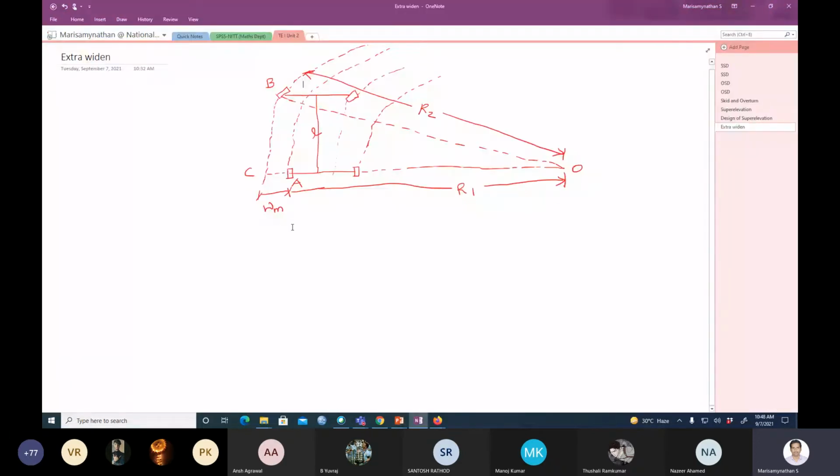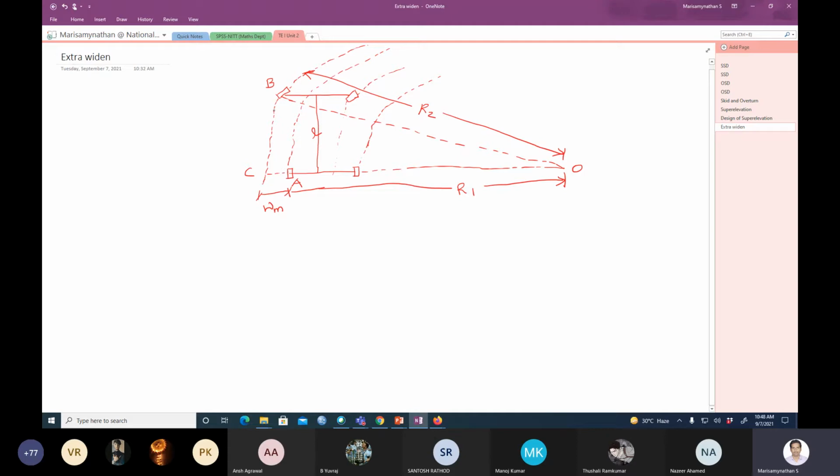Let me explain in a little more detail how we can estimate the mechanical widening. For example, consider this is the front wheel trying to turn and this is the back wheel. The rigid wheelbase distance is considered as L. As I mentioned, the front wheel is following this particular path.